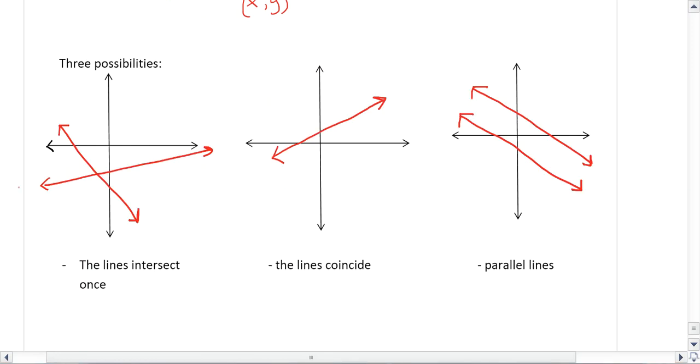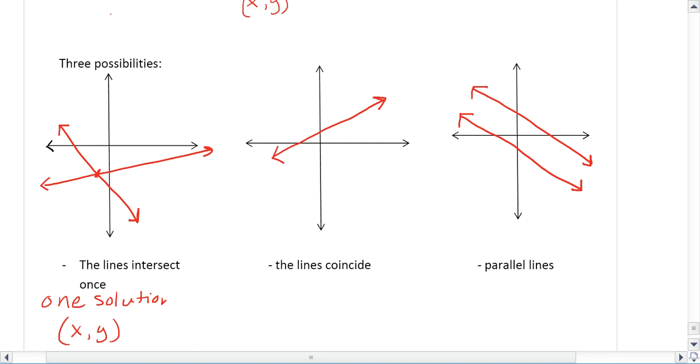The first possibility is if we graphed 2 lines and they intersected in one point right here. That point is the solution. So when lines intersect once, there is one solution, and it is that ordered pair xy right at the intersection.